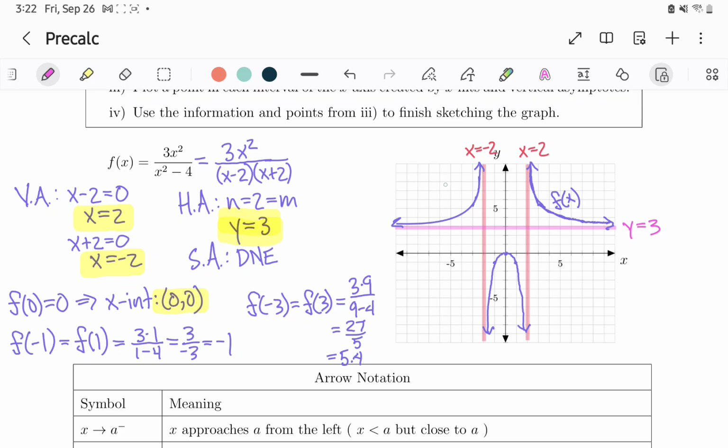So here we would be going like x approaches -2. Actually, let me do it for +2. So this is 2 from the left, so 2 minus.